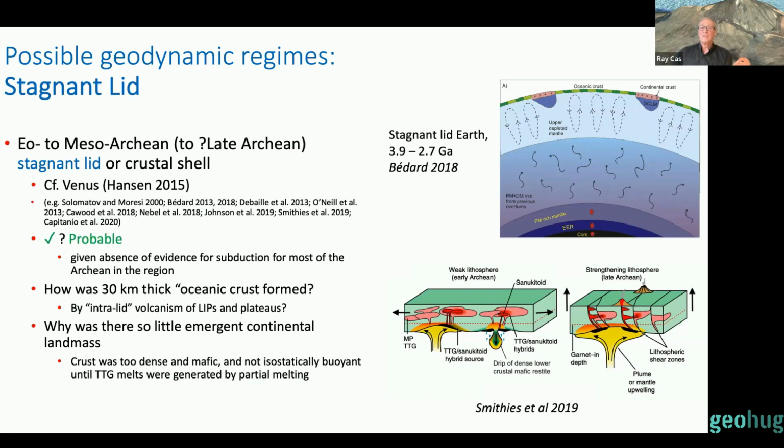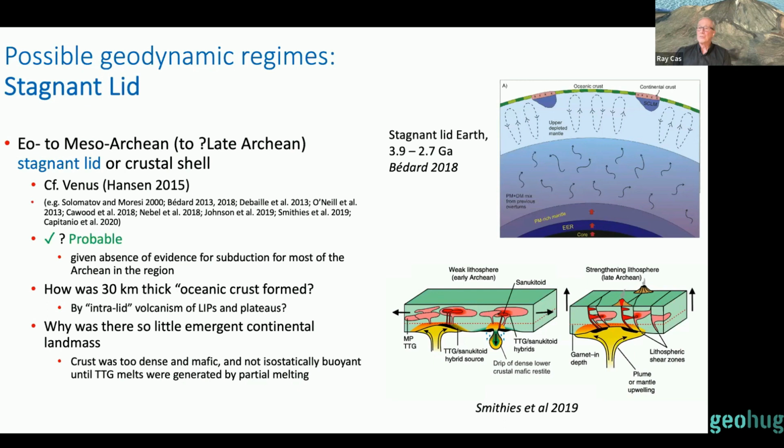Calculations have been undertaken, which I won't have time to go into, which suggest perhaps that there was only 3% of the Earth's surface consisting of subaerial land masses up until almost the end of the Archean. But that doesn't mean that Archean cratons weren't forming. They were forming in the form of oceanic plateaus.